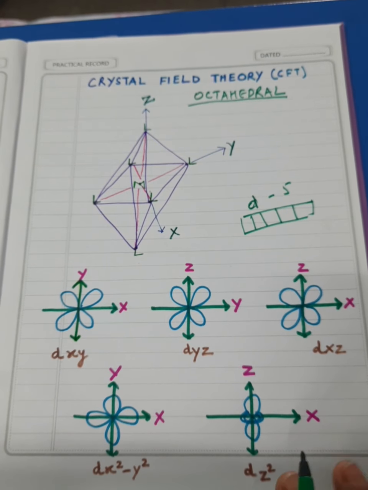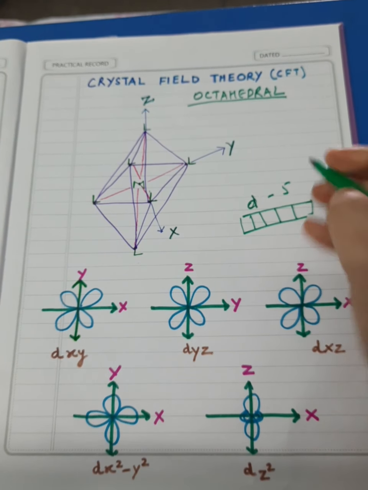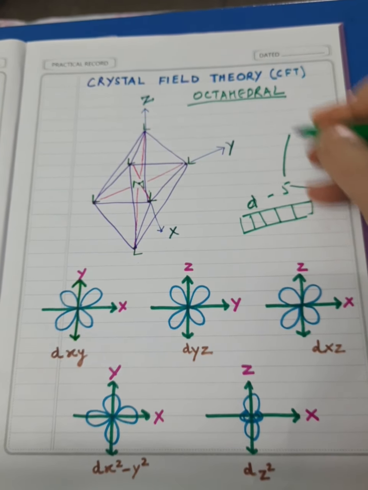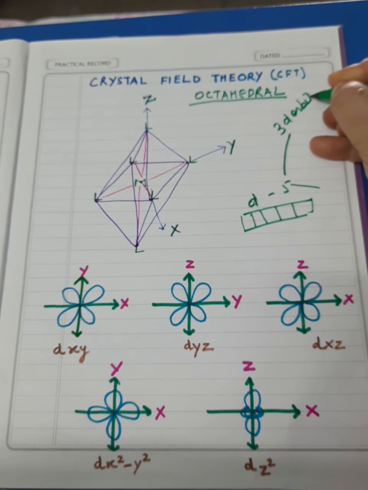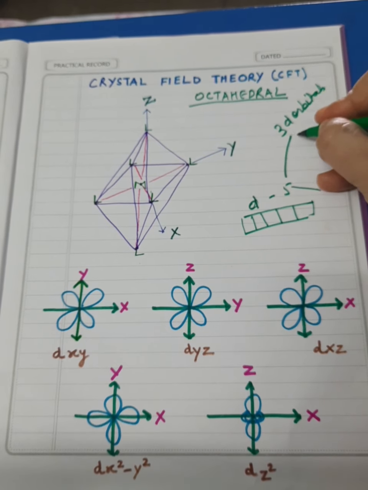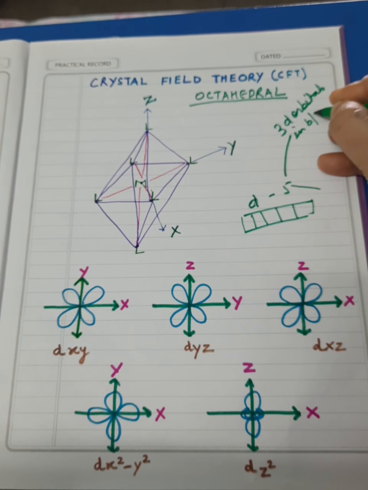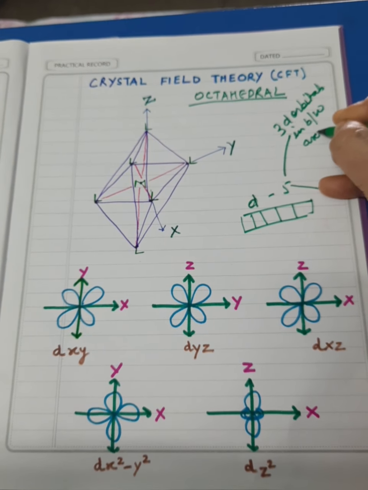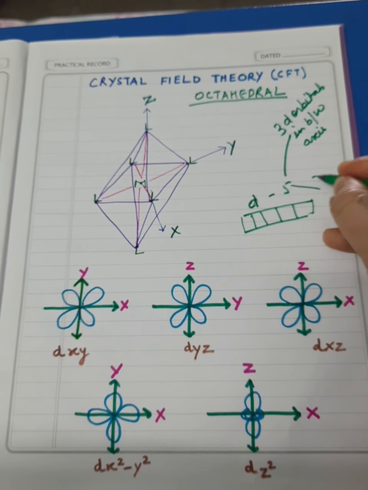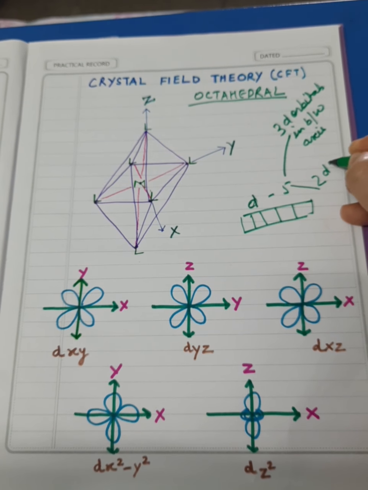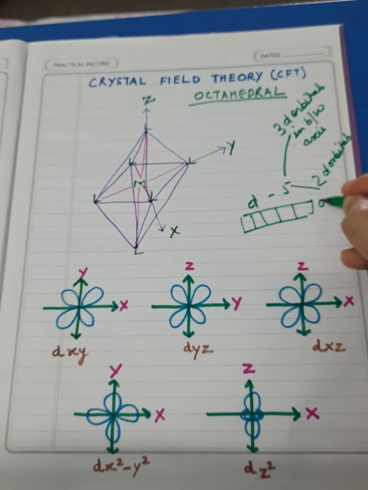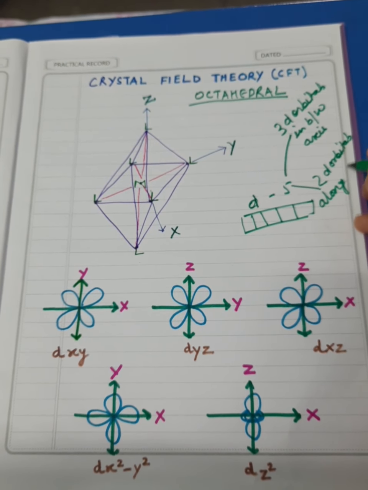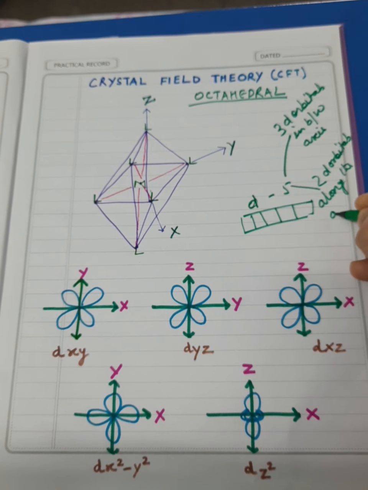So we can say that out of 5 d orbitals, there are 3 d orbitals which are in between the axis, and there are 2 d orbitals which are along the axis.